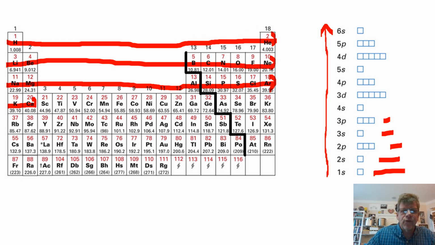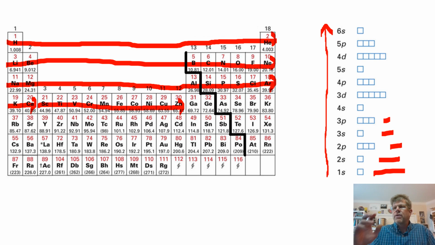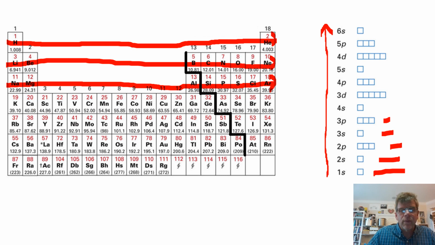That has to be 4s. The next thing, where the D block actually comes in for the first time, has to be 3d. Why does it have to be 3d and not 4d? Because by definition, the third energy level is when the D orbital appears for the first time.